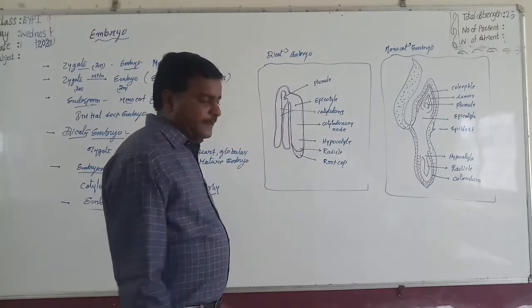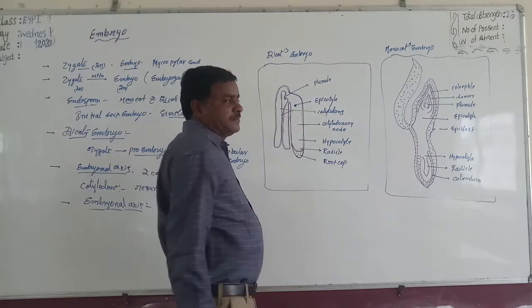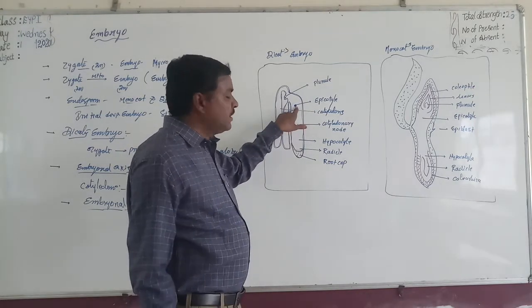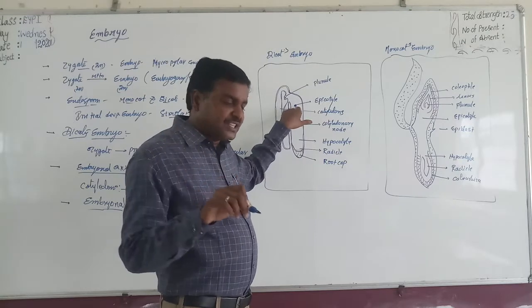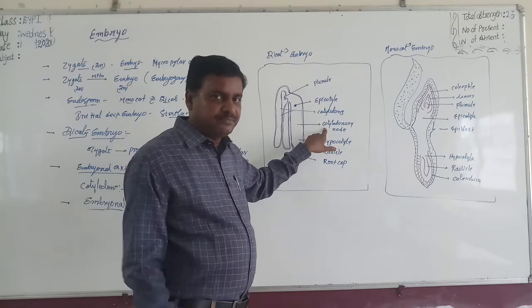Similarly, the point of the embryonal axis present above the cotyledonary node is called the epicotyl. Very important. What is the epicotyl?